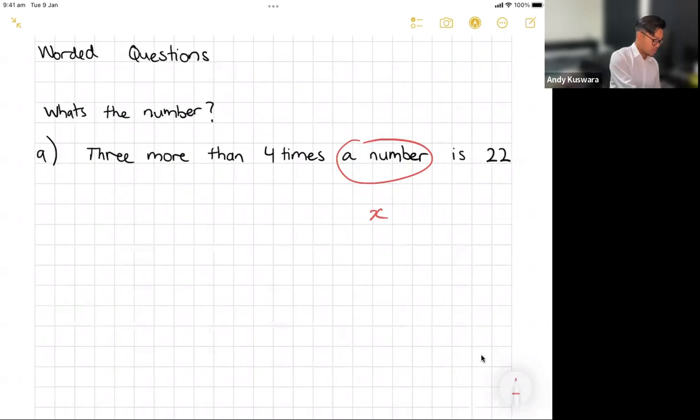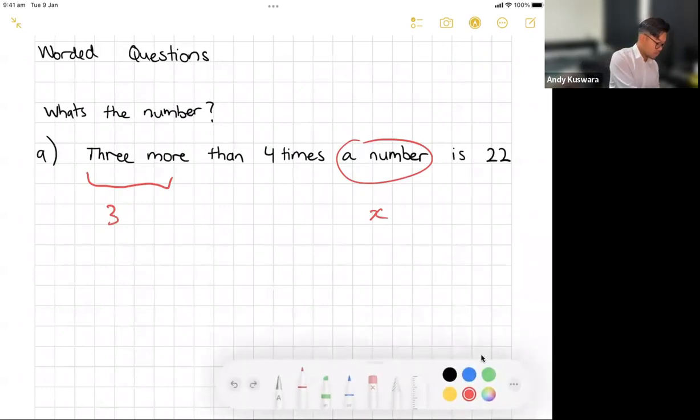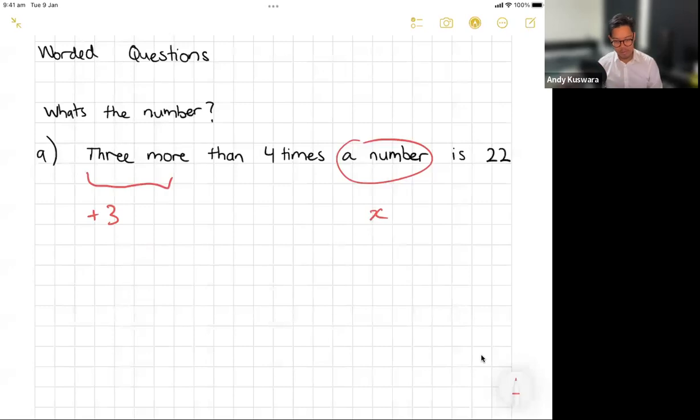Now I'm just going to break down this language. If I say 3 more, how do I make that sound mathematical? It kind of means 3 plus. 3 more is plus 3. Now, 4 times a number, that's just 4x. 4 multiplied by x is just 4x.